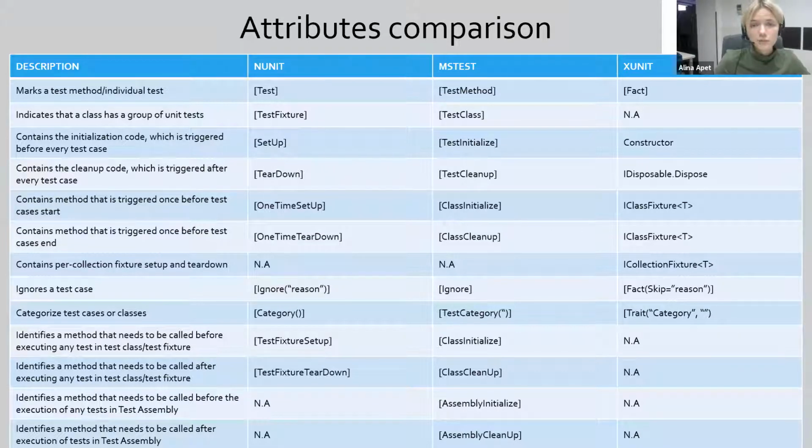And if you are interested in learning other attributes, feel free to visit the documentation resources. I left the links at the end of this presentation, and each of these attributes has a decent description and is very easy to apply even for beginners. Okay.